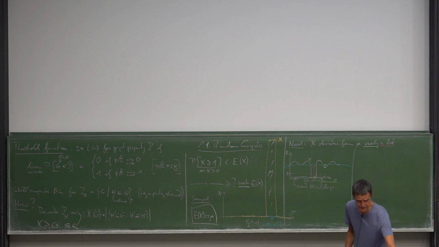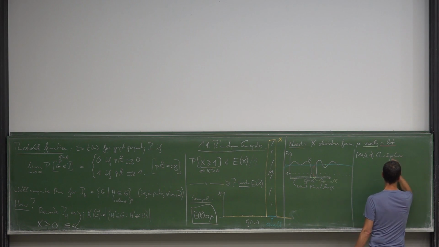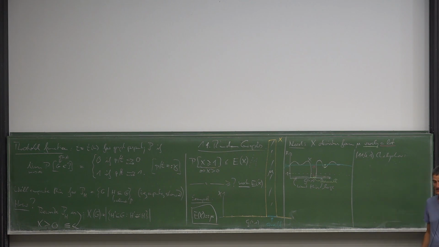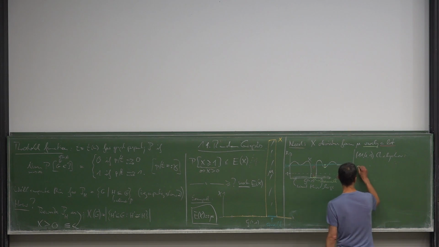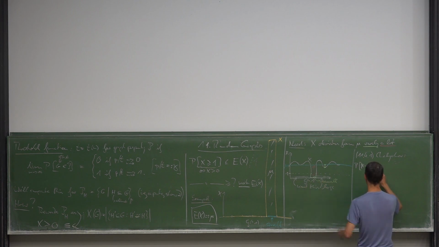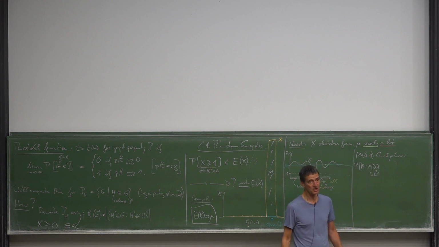Okay, so Chebychev's inequality. Chebychev's inequality says that the probability that x differs from its mean, as we discussed here, a lot, where my abbreviation for a lot is at least lambda.